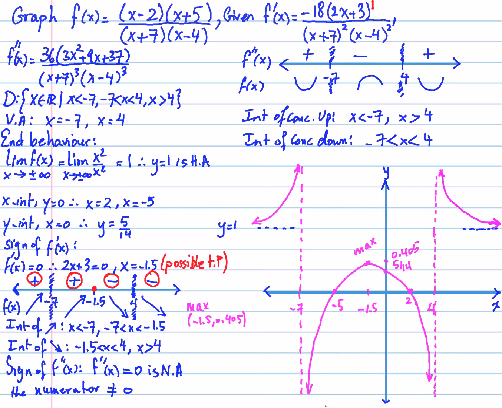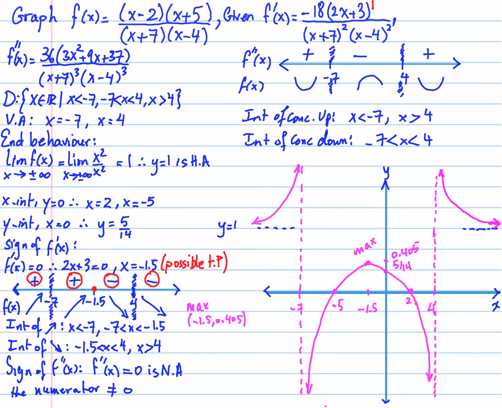Therefore, cubing a negative stays negative, cubing a positive stays positive. So as x goes to negative infinity, that whole expression x plus 7 power 3 in f double prime of x is always a negative value. Same goes for x minus 4 power 3. If x is less than 4, so as x goes to negative infinity, that whole expression is negative.